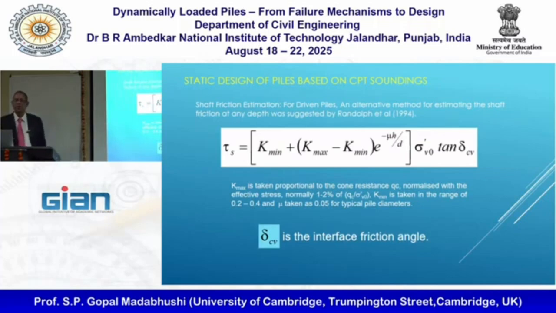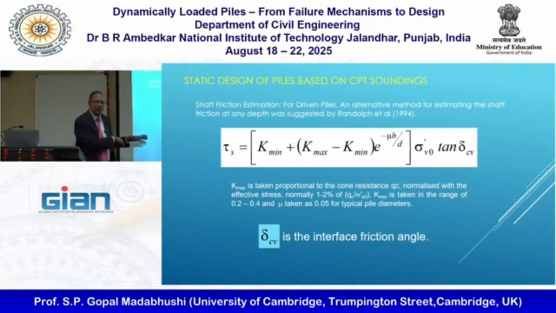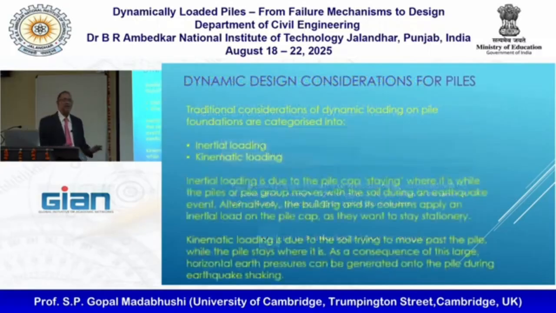As I said, you should not worry too much about the equations; you need to know the basis behind them. This one is saying there's an exponential decrease of my horizontal stress as I move away from my pile-soil interface, whereas the previous one is saying there's a logarithmic decrease. Okay, so that's all.